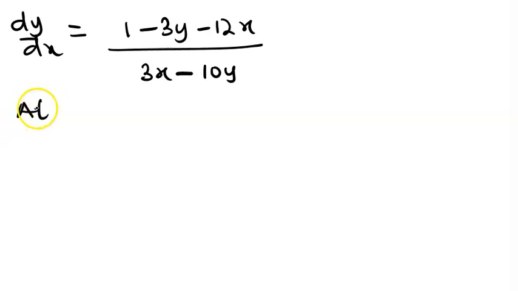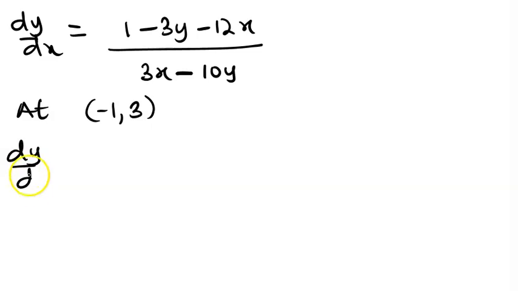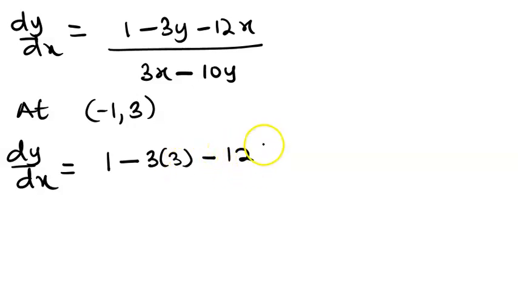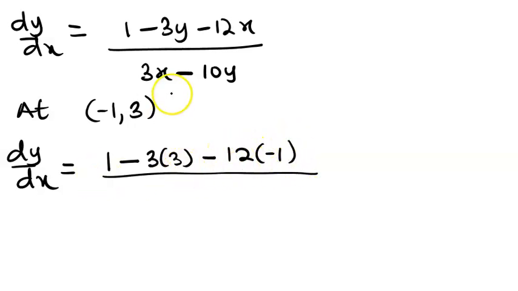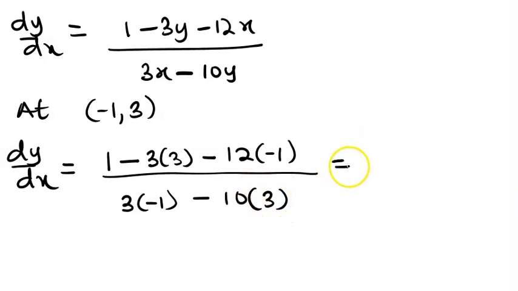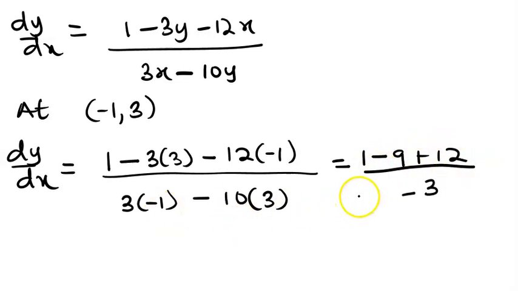So at the point minus 1, 3, x should be minus 1, y should be 3. So dy/dx, the gradient, will be 1 minus 3 times 3 minus 12 times minus 1, over 3 times minus 1 minus 10 times 3, which is 30.